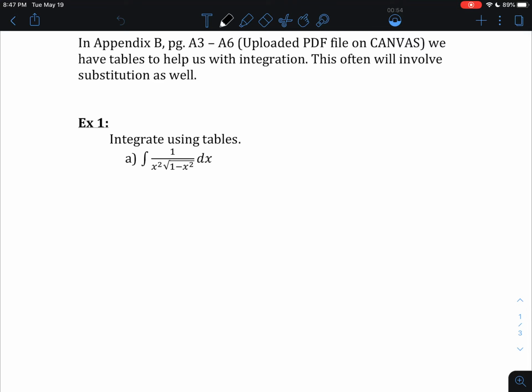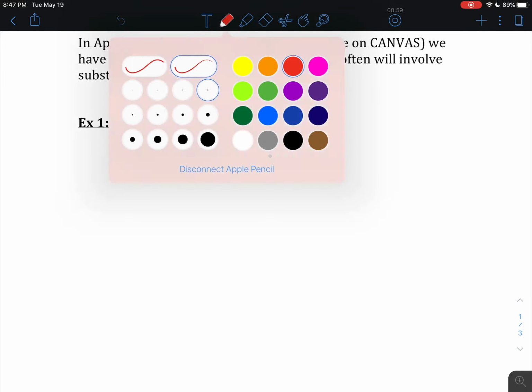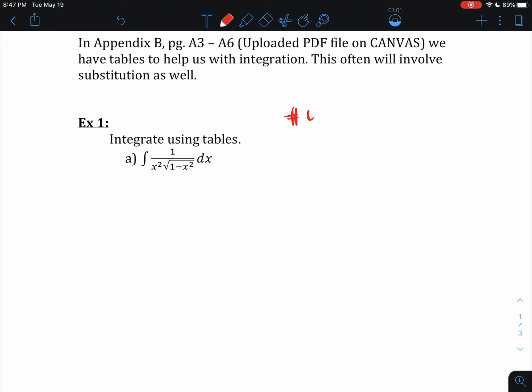If you look at the table, I have pre-looked at it, and you can see that number 44. Make sure you tell me which one you're using, so in case you use the wrong one, I can give you partial credit and things like that, okay?